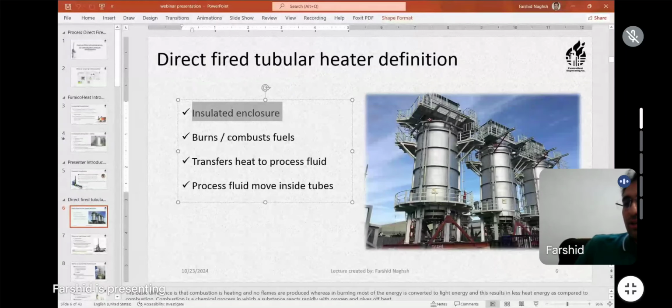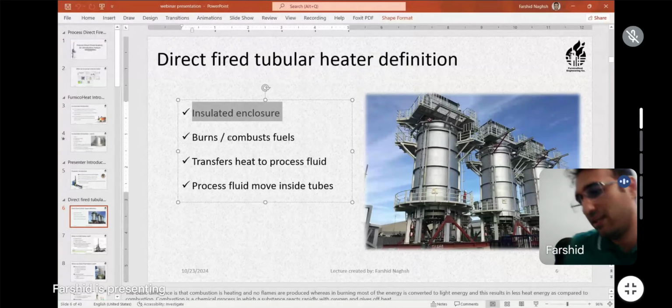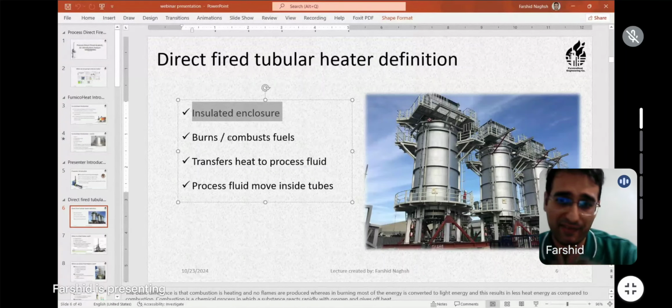Normally, hydrogen combustion is a sort of burning that you cannot see, because it doesn't emit any sort of visible light. So it implies that we can have a flame inside the direct fired heater, which may be visible or maybe not visible.